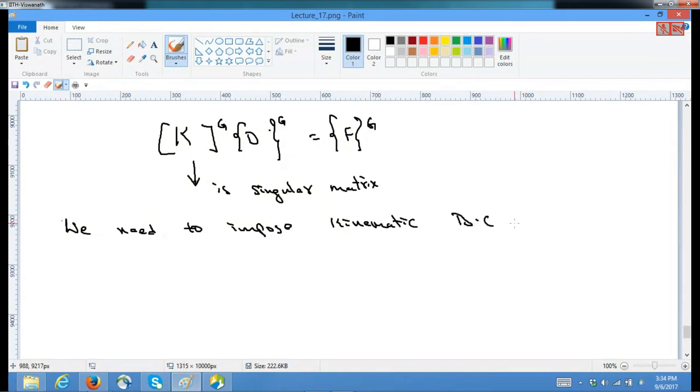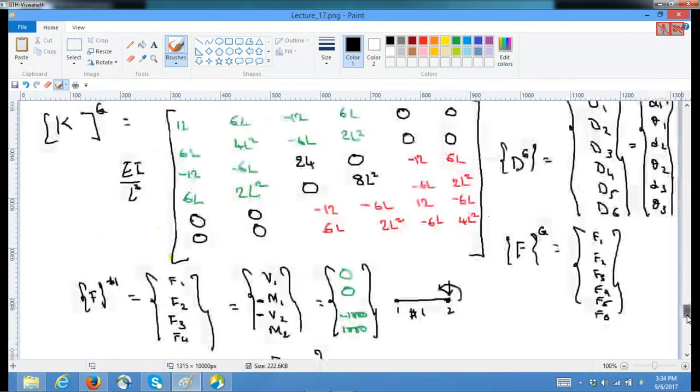So let us look at the original problem and let us grab our kinematic boundary conditions.